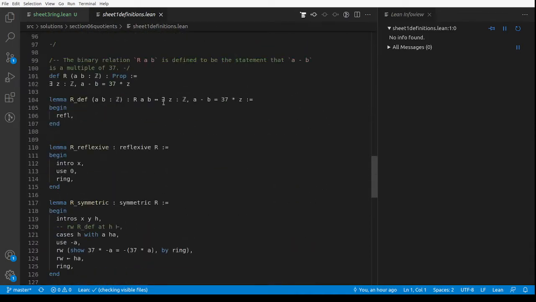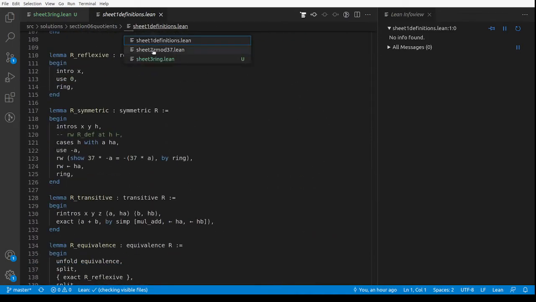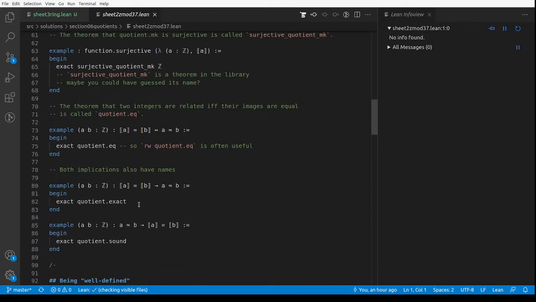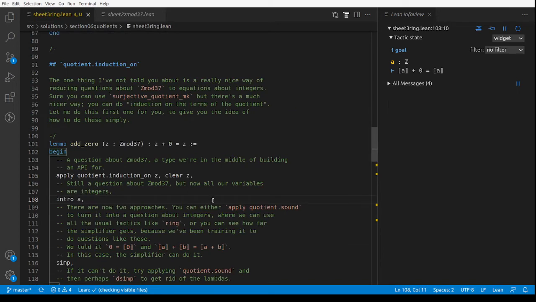It probably was in sheet 2. Yeah, see, quotient dot sound says if A is related to B, then equivalence class of A equals the equivalence class of B. So that's the kind of thing we might want to use to try and get out of this. Z mod 37, right? We don't know anything about Z mod 37 at the minute.